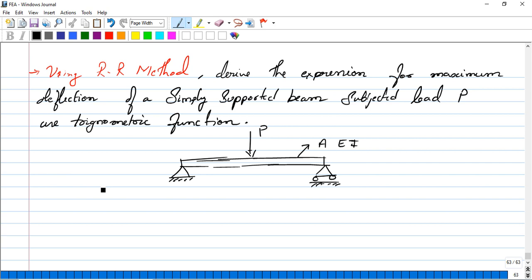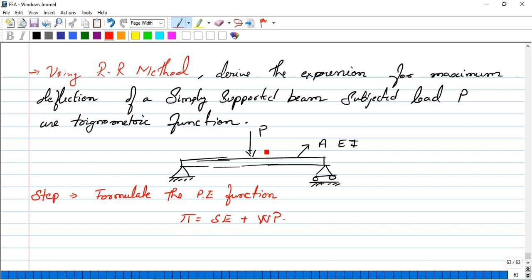The first step is always to formulate the potential energy functional. So step 1 is to formulate the potential energy functional. The formula is: potential energy is equal to strain energy plus work potential.